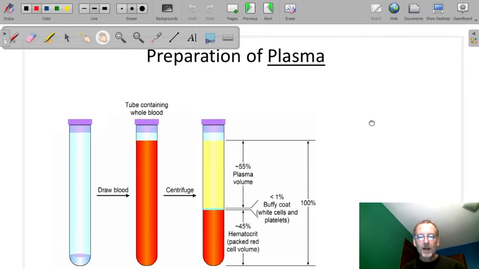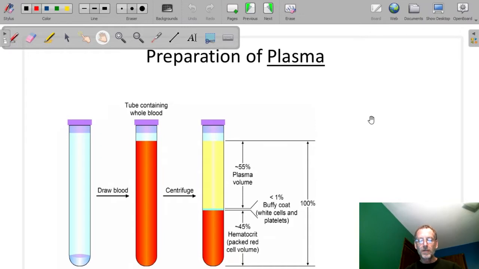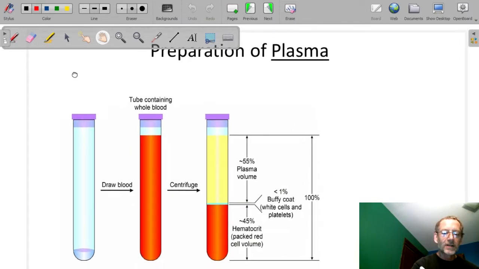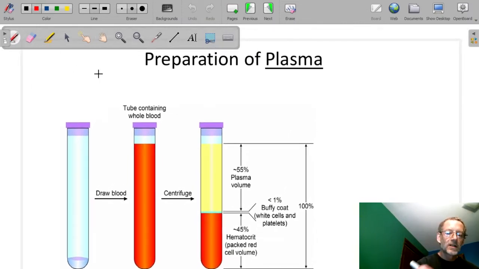So this slide is about plasma, and if you need to prepare a sample of plasma, this is basically how you do it. You start with a blank tube with nothing in it on the left, but you have to add an anticoagulant.